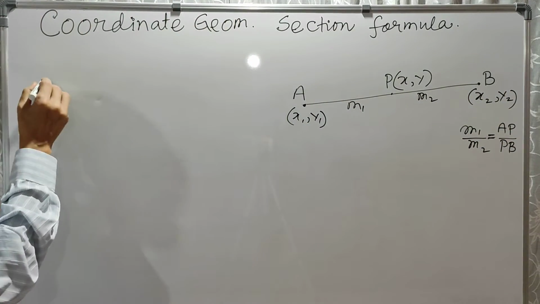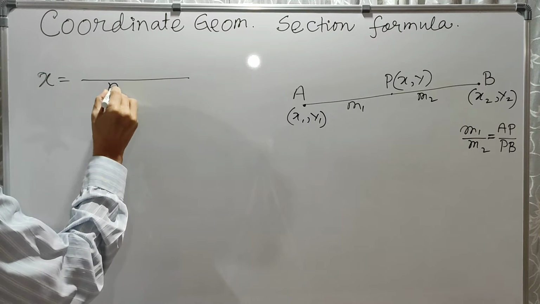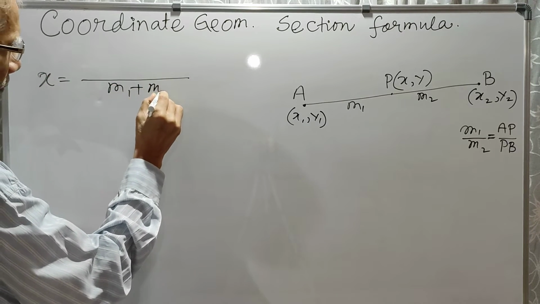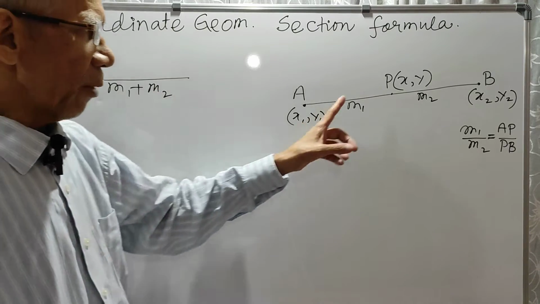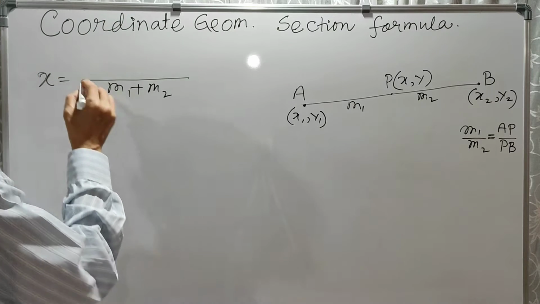Now, according to this formula, the value of x is m1 into x2 plus m2 into x1.